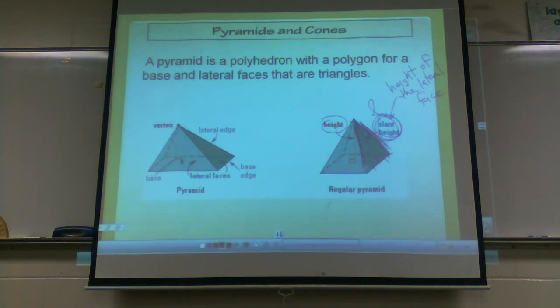But a lot of times people are going to use that measurement for this number because it's a slanted side. So they initially think, oh, it's slanted, so it's automatically the slant height. The slant height, like I keep saying, has to be the height of that triangle that makes up the face. If you can remember slant height is the height of the triangle, it's probably better than just thinking about it as the slanted part.